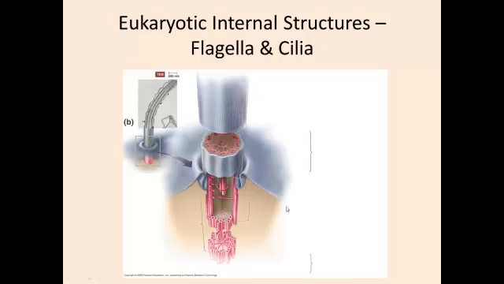Flagella and cilia have the same basic structure. The difference is that cilia are shorter than flagella, and if cells have cilia, they generally have a lot of them. So let's look at the structure. Inside the membrane, flagella and cilia are composed of bundles of microtubules that are connected by proteins.